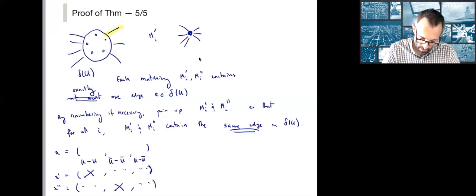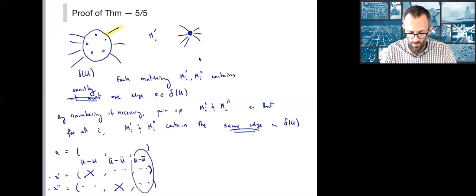And so when I want to merge, if you give me X dash and X double dash that are made up of perfect matchings, I only need to worry about this domain, because everything else, these parts of the coefficients and these parts of the coefficients, are already expressed as this nice convex combination of integral perfect matchings. So I just need to worry about this. This is the stitching together that happens.